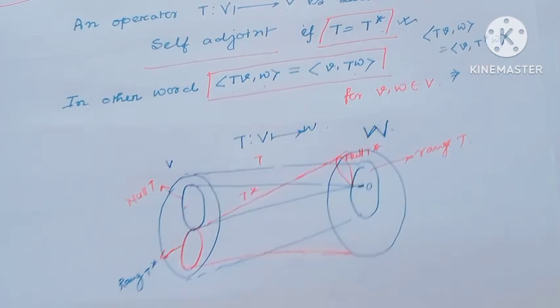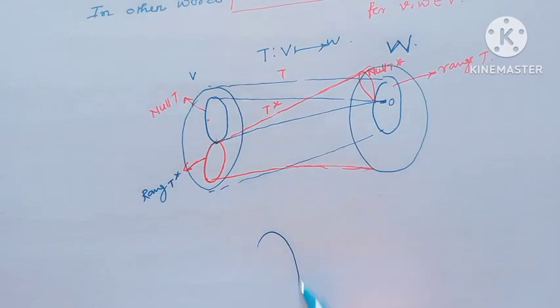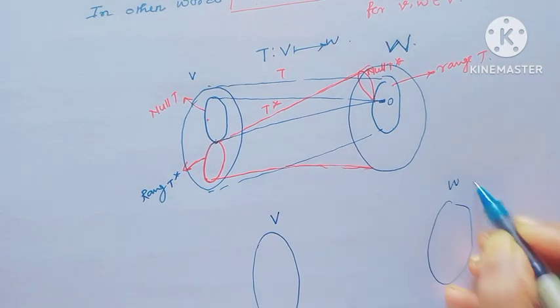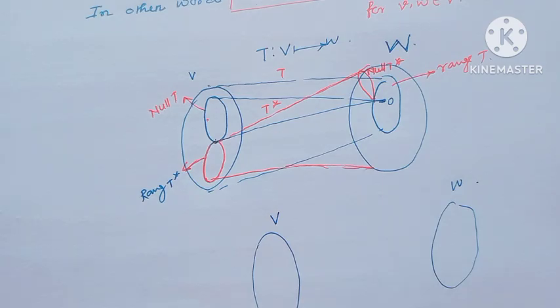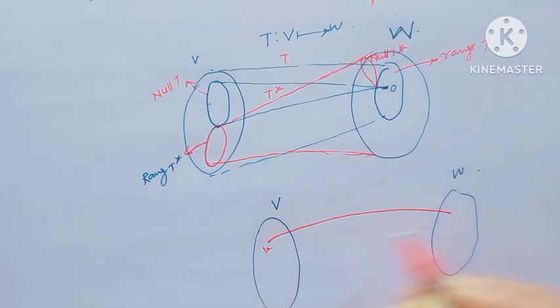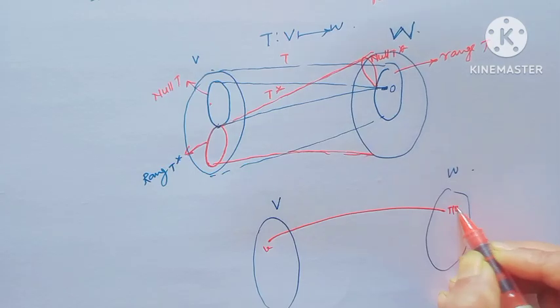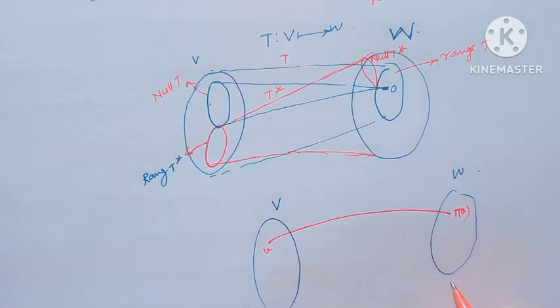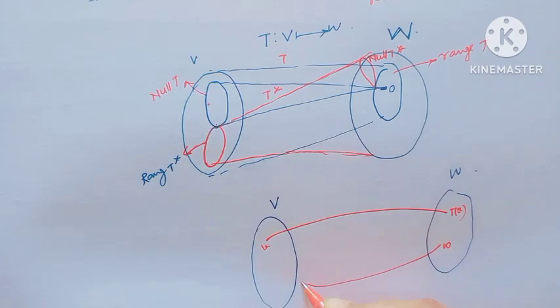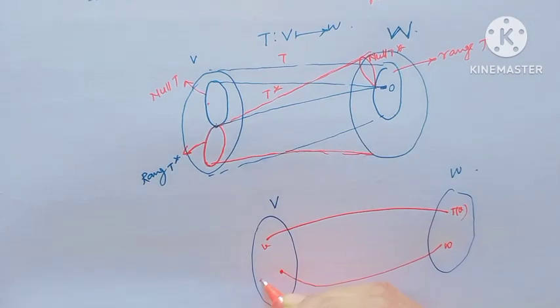Another picture, by inner product: this is V and this is W. Here V maps to TV, and W maps to TW.